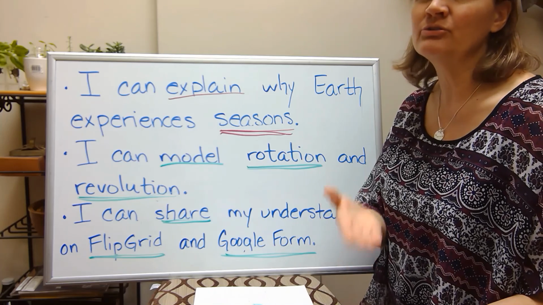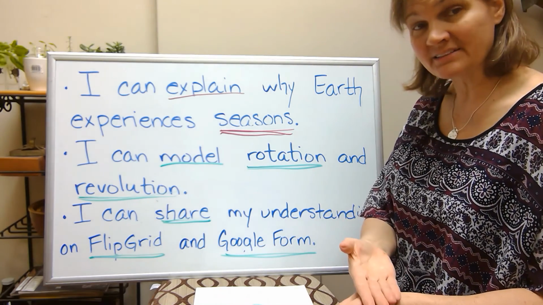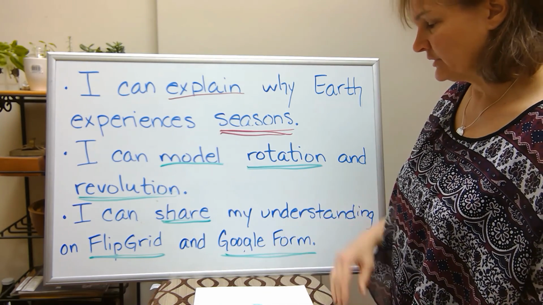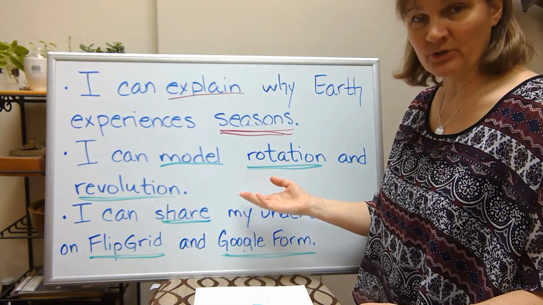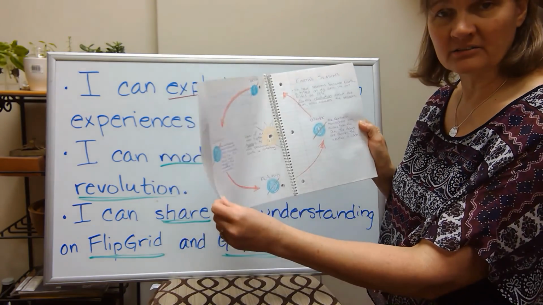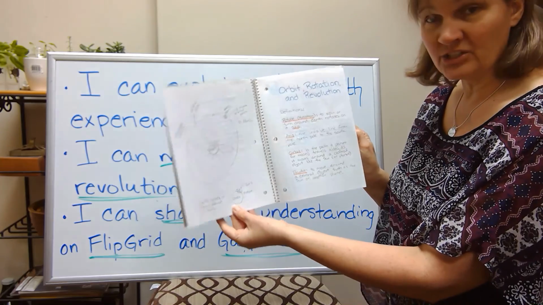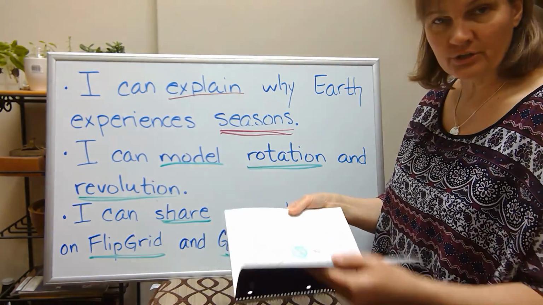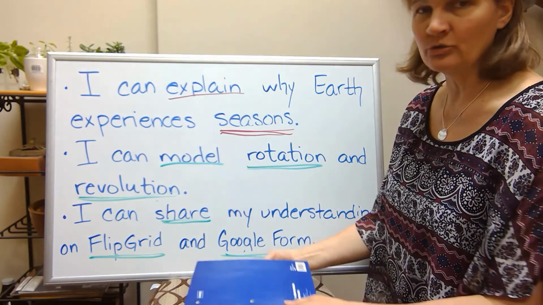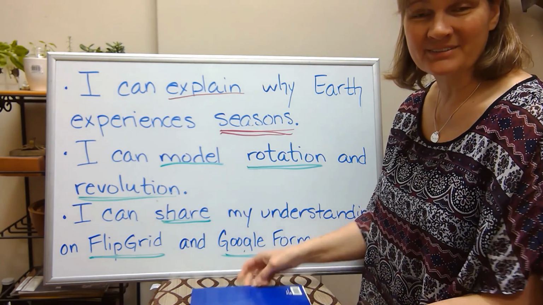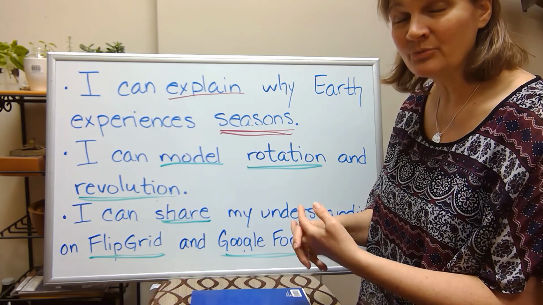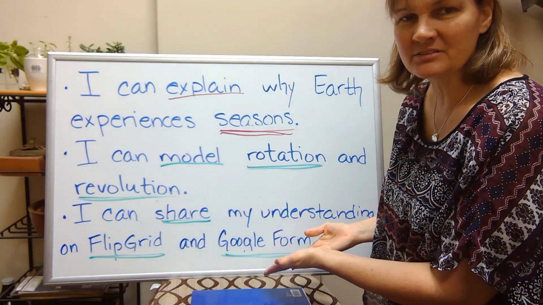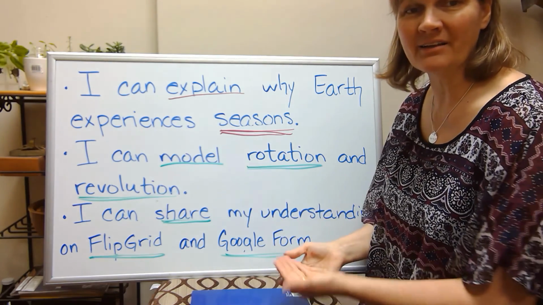I just shared two great examples from classmates, and I would like you to share that understanding in Flipgrid. Also share your journal pages of the notes you've been taking, and use your notes to answer questions in Google Form. So I will already have posted which kids don't have to do this again because they've already done it.